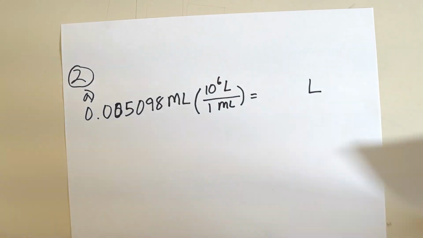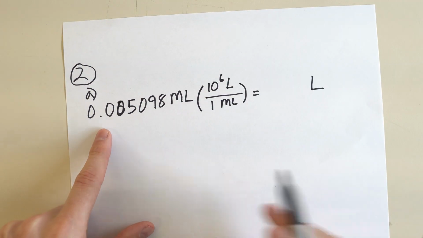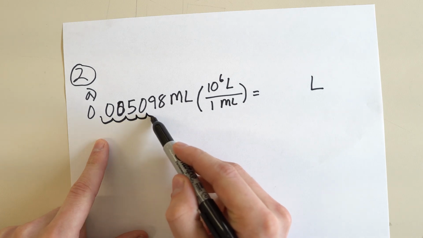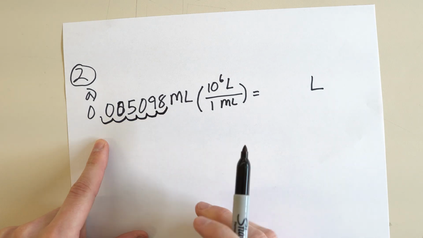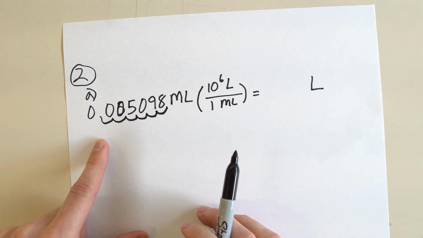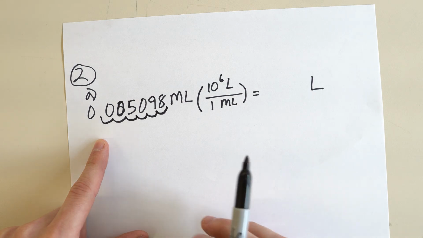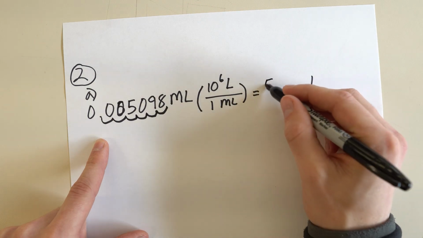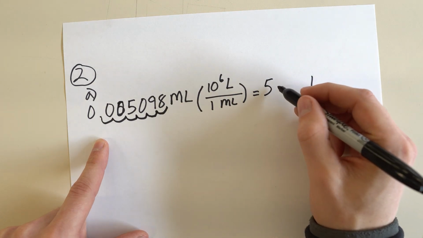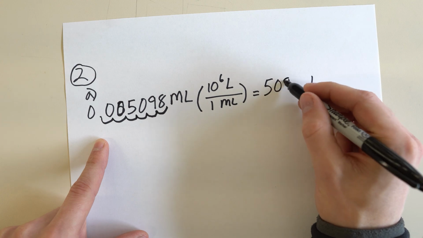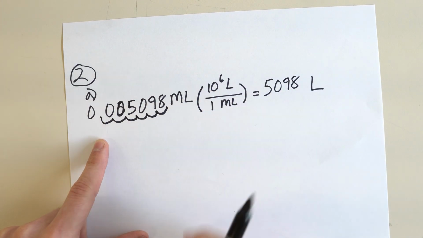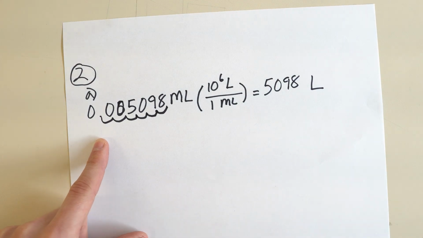Since we're starting in megaliters and going to liters, we could just go 1, 2, 3, 4, 5, 6 decimal places over, and we would wind up with 5,098 liters. So whether you're doing this method or plugging it into the calculator, either would work.